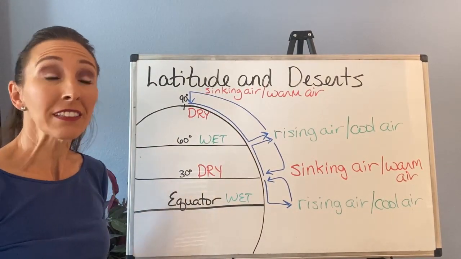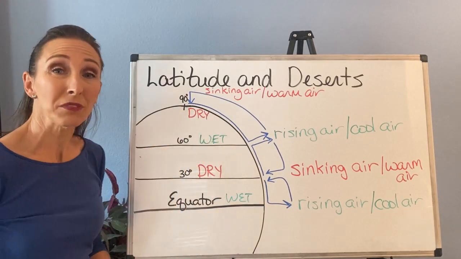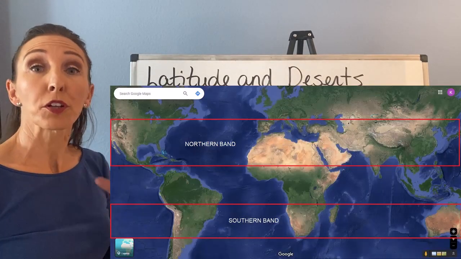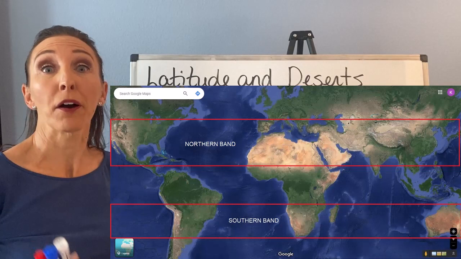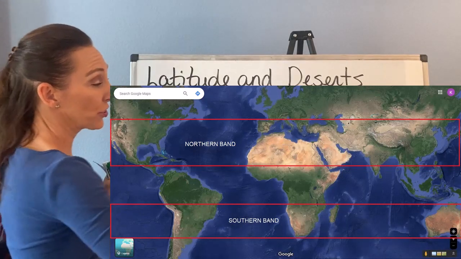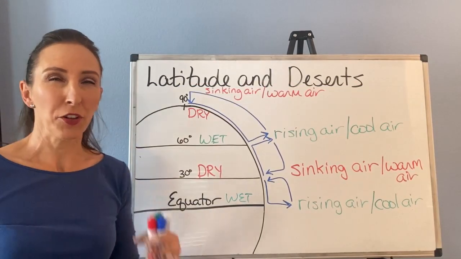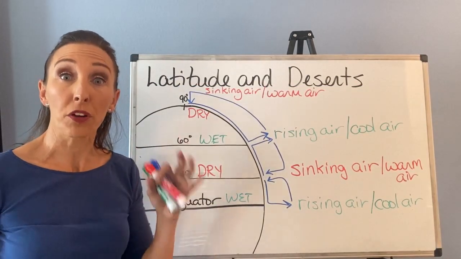What we actually see is the air tends to be very dry at 30 degrees and also 90 degrees. If you look at that map in Google Maps, one of the bands of dryness is at 30 degrees north and also 30 degrees south. The other band, which you don't really see but is there, is the North and South Pole.